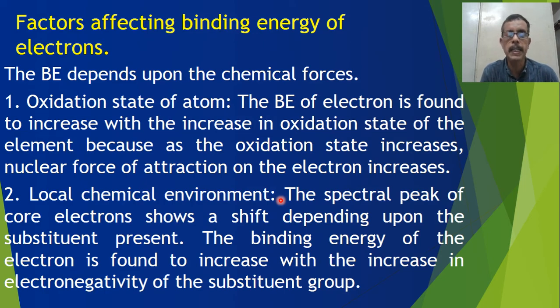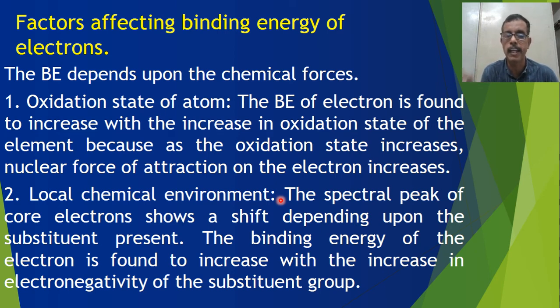And there are mainly two factors which affect the binding energy of electrons. Actually, it depends upon the chemical forces. First is the oxidation state of the atom. As the oxidation state of the atom increases, the electrons are bound with more force, and therefore they will have higher binding energy and will require higher energy to get ejected.